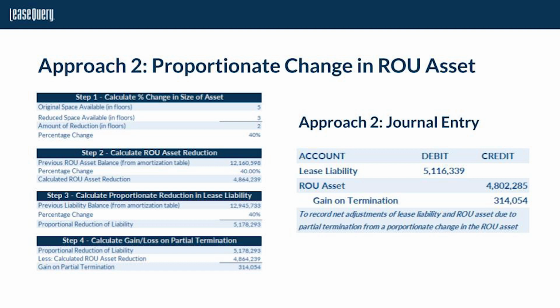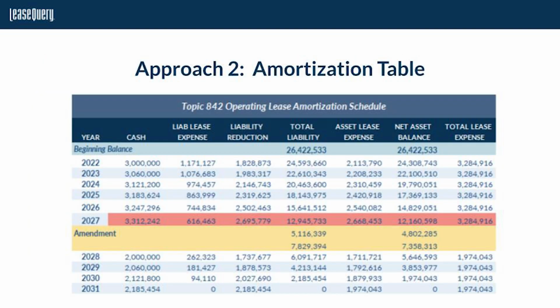Then the right of use asset reduction is the difference between those two amounts and not the amount calculated in step 2. And finally, the change amounts we calculated are used to reduce the lease liability and the right of use asset, and the new amortization table is created. So that walks you through the 2 different approaches to calculating the change in the right of use asset.